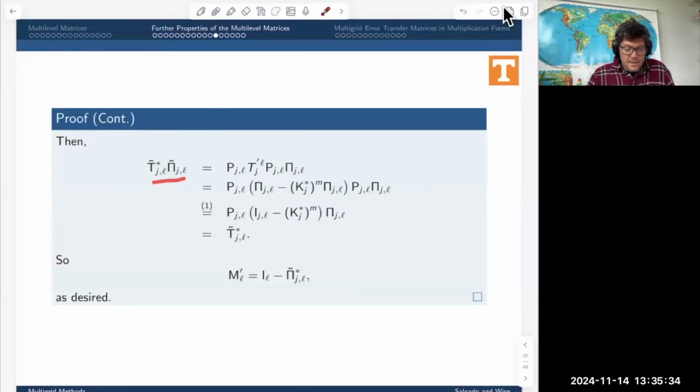This product here is just going to be P_J T_J^L prime. This is a typo here, the notation is wrong, it should not be italicized.